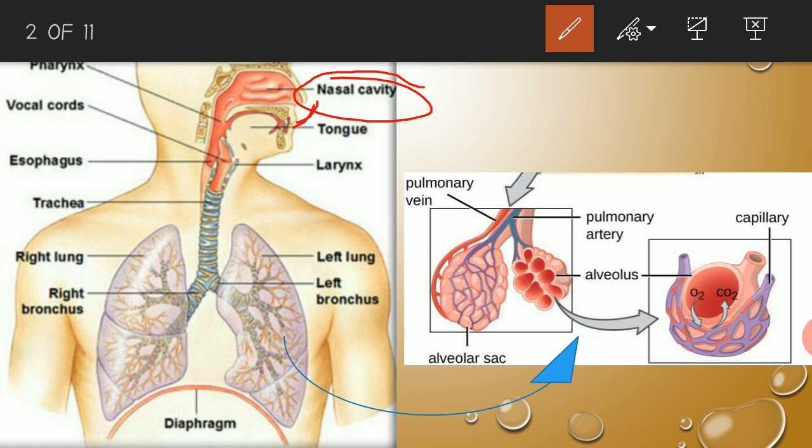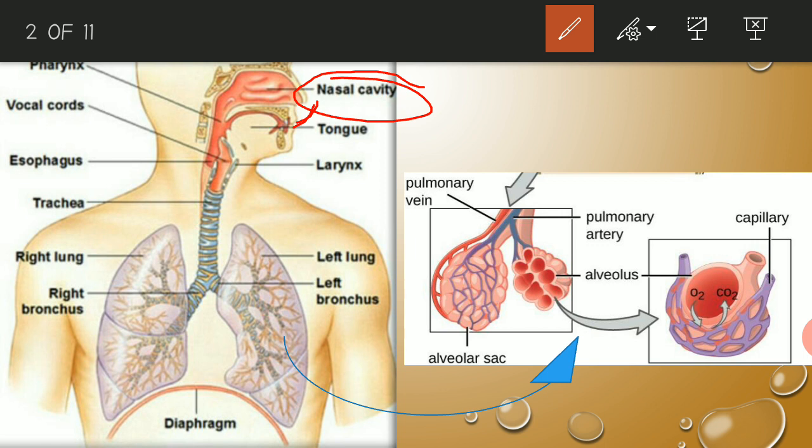These hair cells are very important because they prevent the entry of dust and harmful materials that are present in the air. That means they actually filter the air.